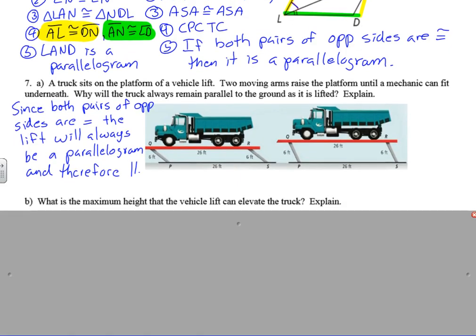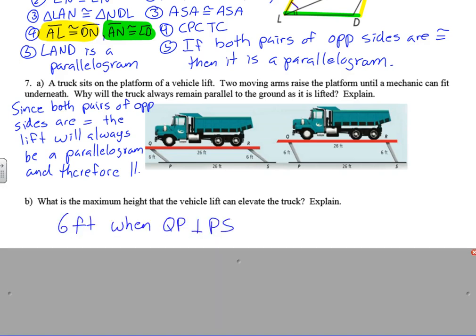So then the next part, what is the maximum height that the vehicle lift can elevate the truck? Explain. Well, it's going to be 6 feet when QP is perpendicular to PS. So once it's perpendicular, that's the highest it could be, when it forms that rectangle, and we've got that figure there.